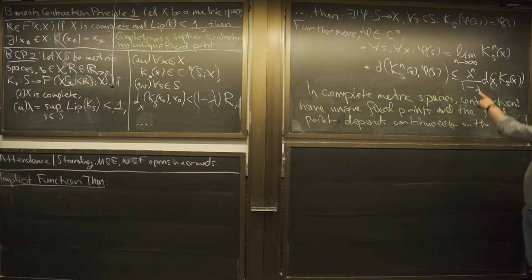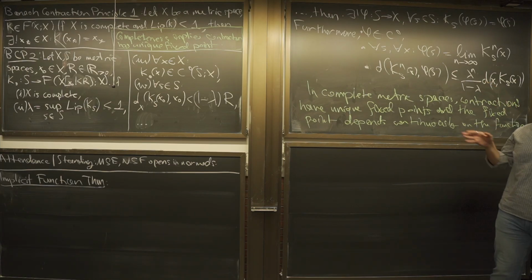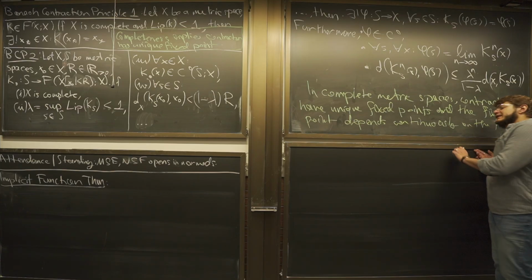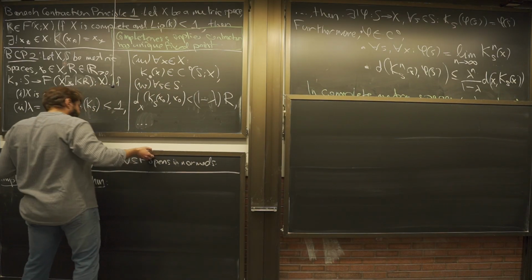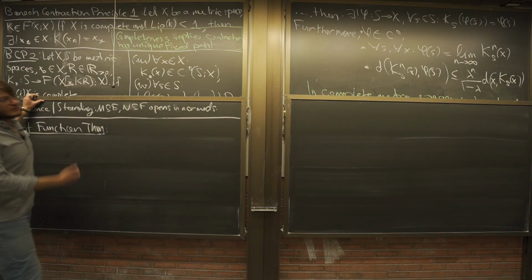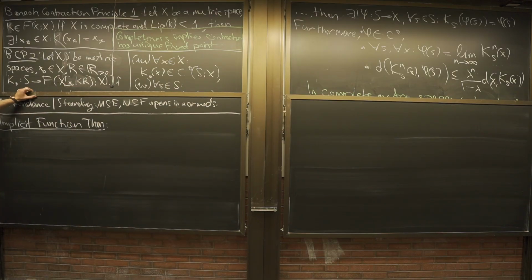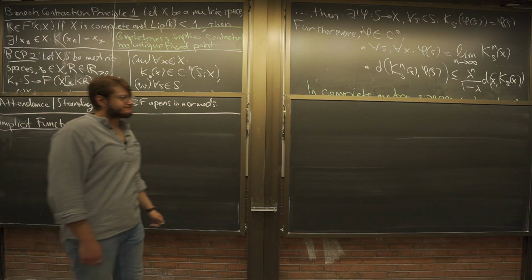But the problem is, if this lambda is too close to 1, then the convergence is very slow. So we're discussing this from a more pure point of view, but you can imagine how, for things like numerical analysis, convergence rates are an important thing.